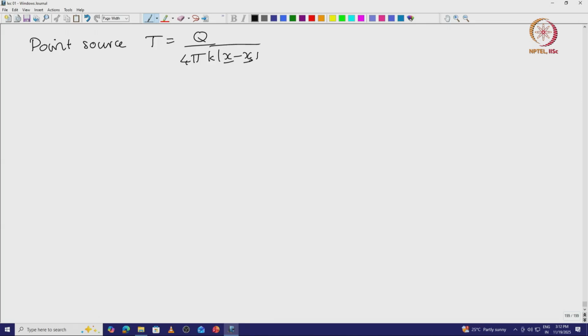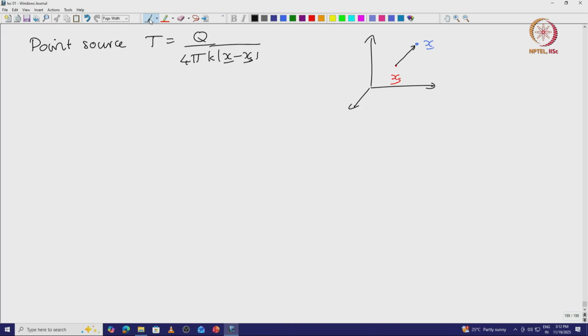If I have a point source at some location x s of strength q, and there is some observation location x, the temperature field decreases as 1 over the distance between the source and the observation point.